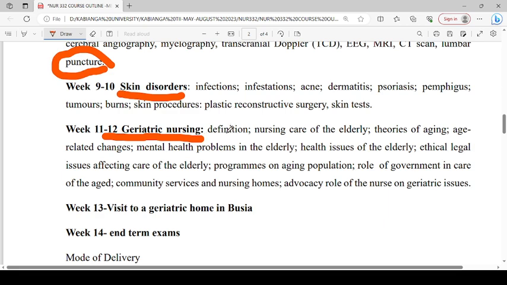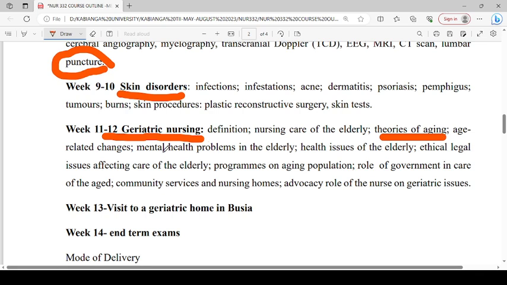We want to define nursing, what geriatric nursing is, identify the nursing care of the elderly, explain theories of aging. Yes, guys, you should have at least 5 theories of aging.